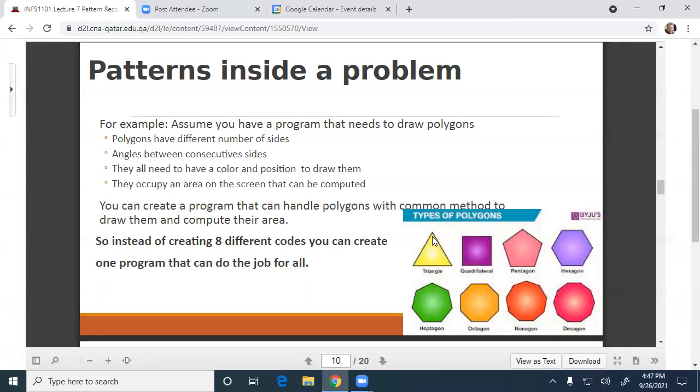So for the triangle, it's easy because you'd start and then you'd go in a direction. You'd measure your angle. Which one's 70 degrees?